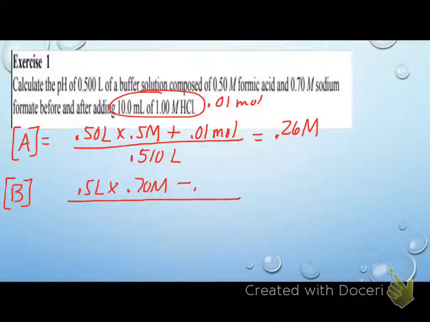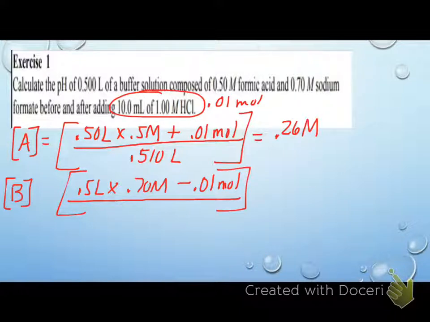So now I'm going to not add, but subtract. There's two separate problems. Divide by the new volume. And I get 0.34 molar. So those are my new concentrations of acid and base.